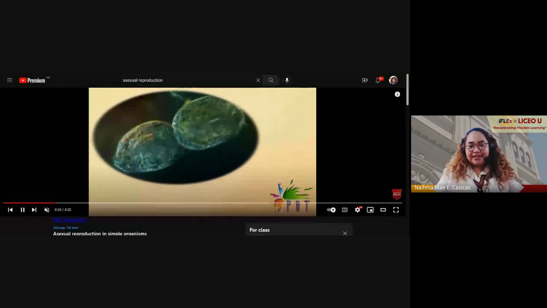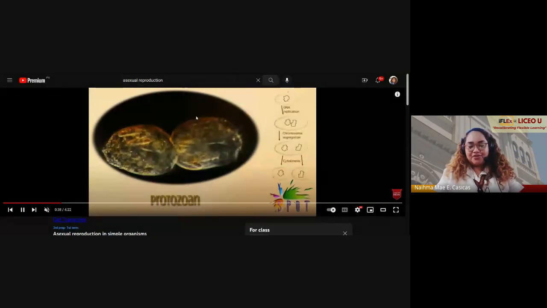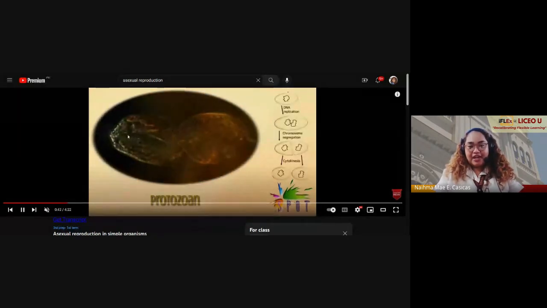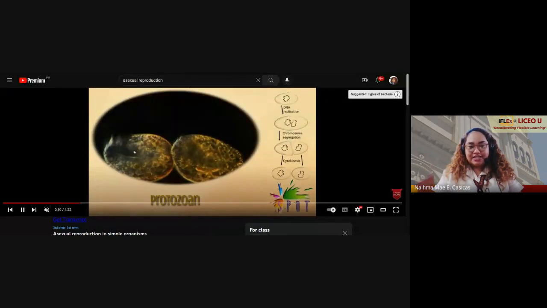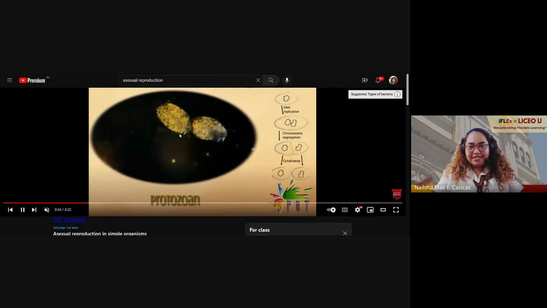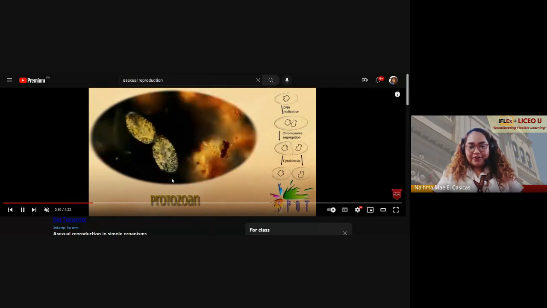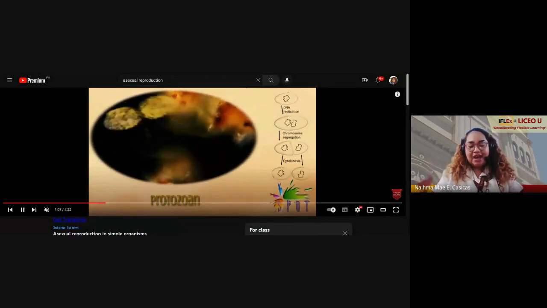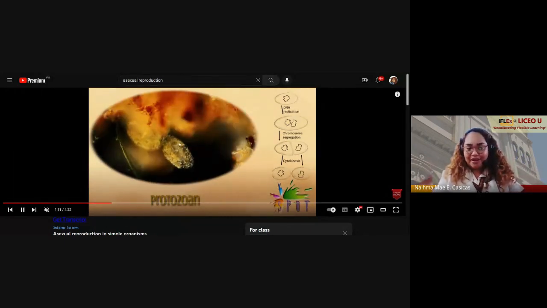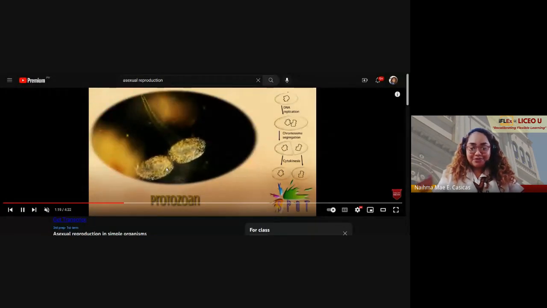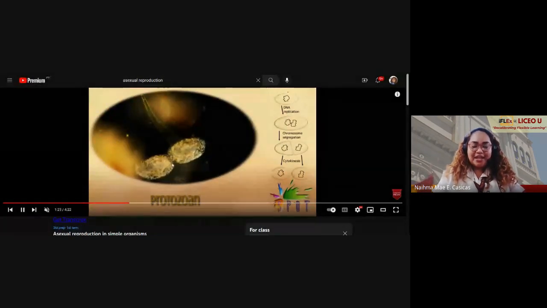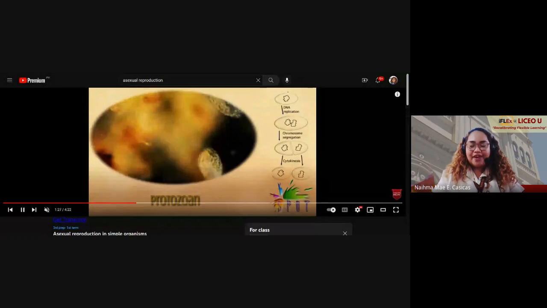As you can see here, this is your protozoa, and it's doing mitosis, basically. The moving parts you see are the cilia of the protozoa, which aid in their motility, how they move around. Binary fission is basically mitosis. So from a diploid individual, it will divide into two diploid individuals.